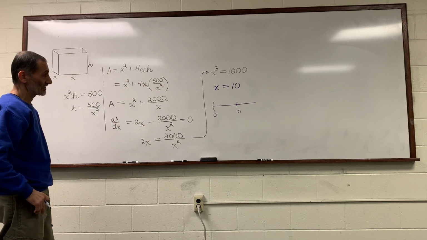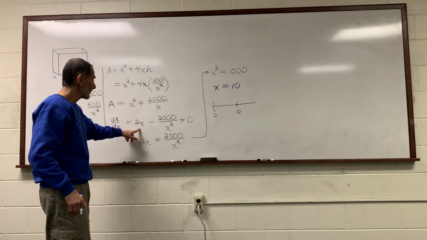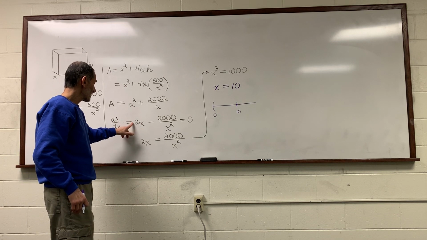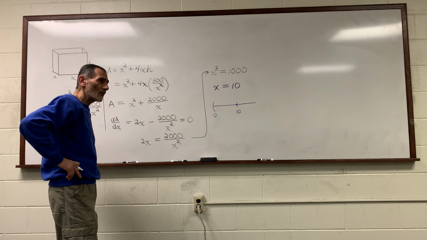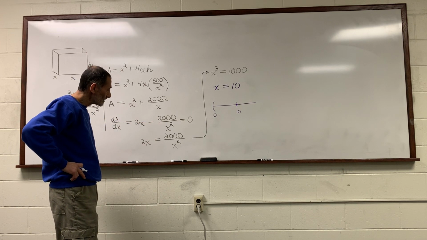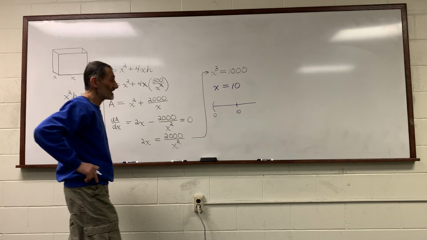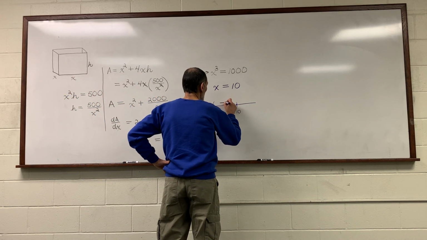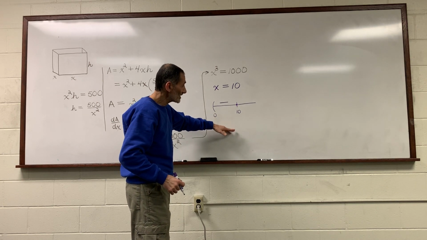Suppose x is less than 10, like 5. Well, the derivative, if x is 5, would be 10 minus 2,000 over 25. 2,000 over 25, I believe, is 80. In any case, that would be negative. That is, the surface area would be decreasing from 0 to 10.